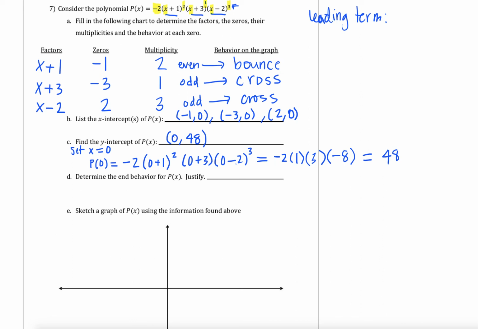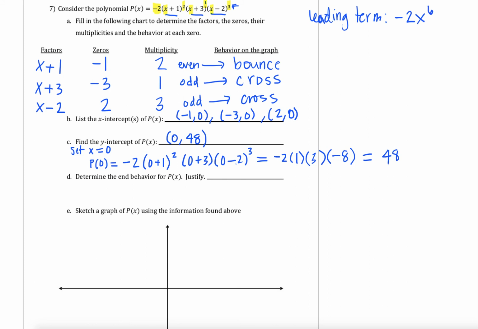So there's actually a shortcut that we can use to find our leading term. Now the leading coefficient is coming from any numbers in front, which would be the -2. And my job is to just figure out, well, what would be our exponent on that x? Well, if I look at this, I technically have an x squared, then I have a single x, so that's 3 total, and then I have an x cubed, so if I have 3 more, I have a total of x to the 6.